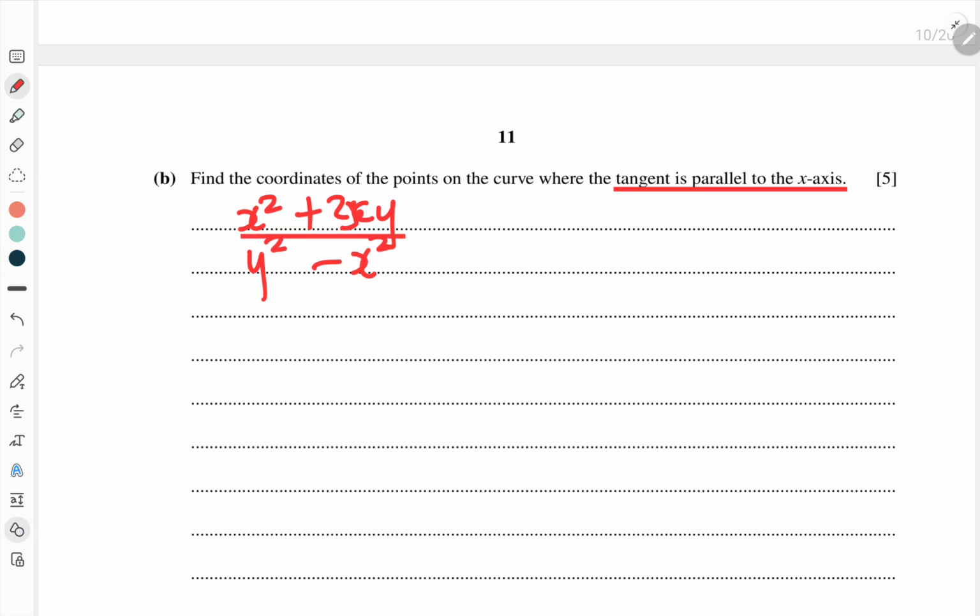All right, so this is our derivative, our gradient function. And like I said, when a tangent is parallel to the x-axis, the gradient is 0. Of course, you can equate your dy/dx to 0, or you can just equate the numerator to 0. It's still good enough.